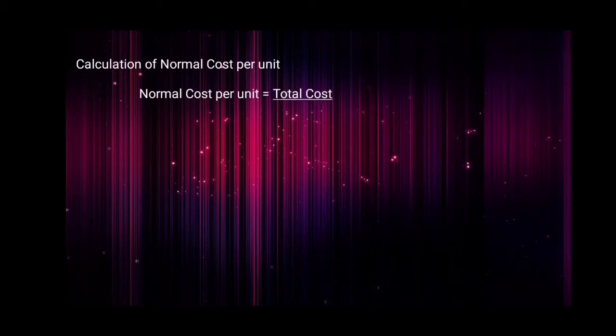So calculation of normal cost per unit. So let us prepare working note number 1. Normal cost per unit is equal to total cost minus normal loss amount divided by total quantity minus normal loss quantity.